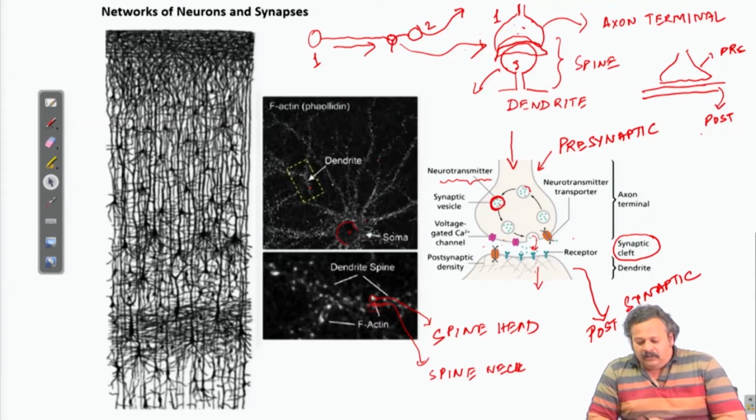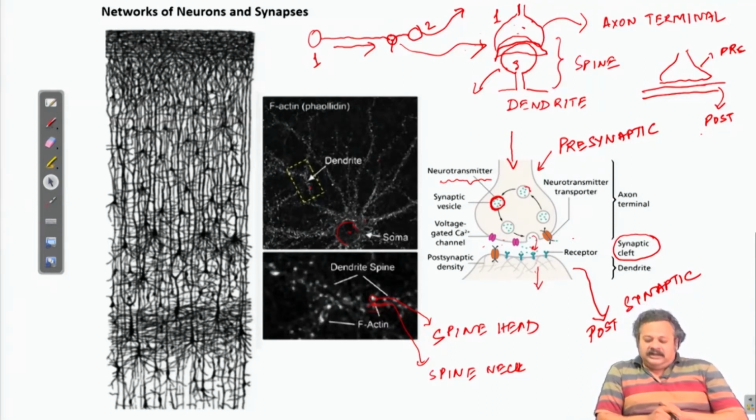So, now the most important thing that we have not discussed and just alluded to is the currency of computation, or the action potential, not just the computation, but also communication between neurons.